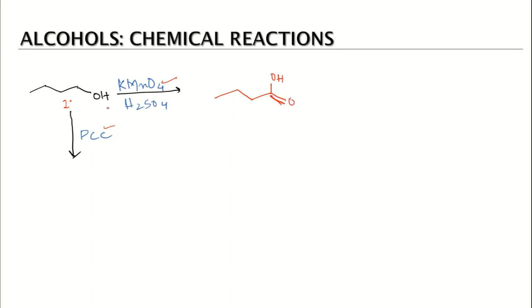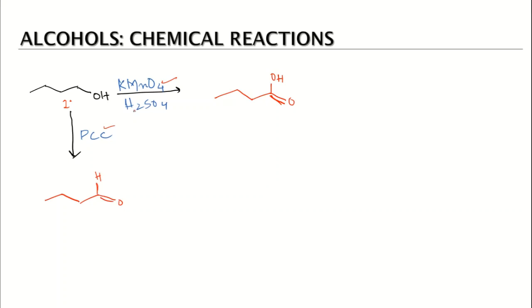And if we use PCC, pyridinium chlorochromate, as an oxidizing agent, since this is not that strong, the primary alcohol with this weak oxidizing agent will be converted to an aldehyde, like this.